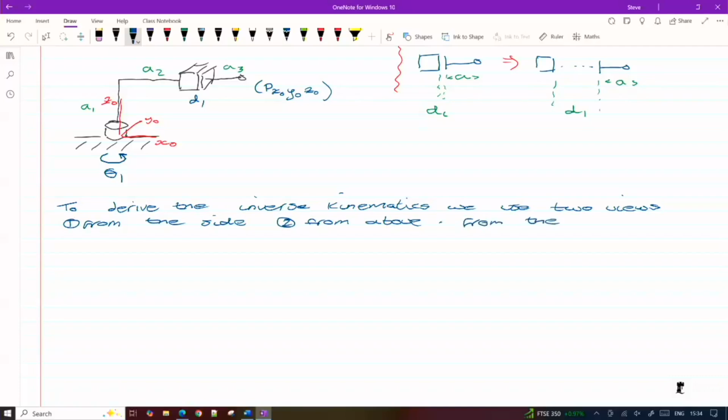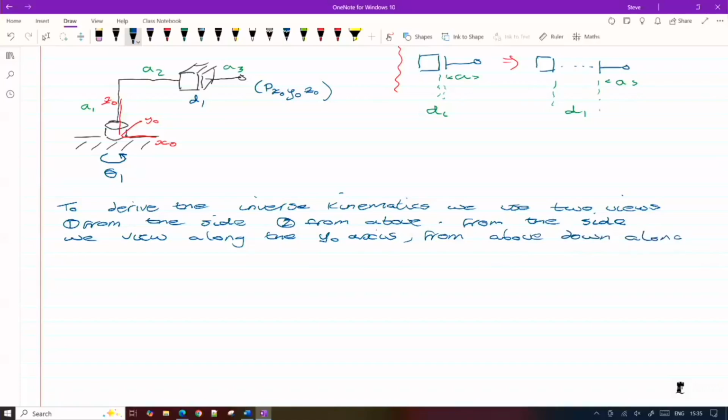And from the side, we look along the y0 axis. From above, down along the z-axis.